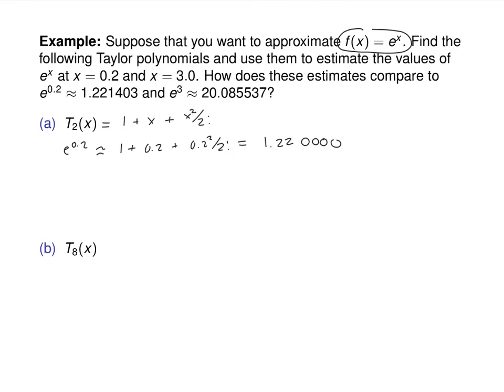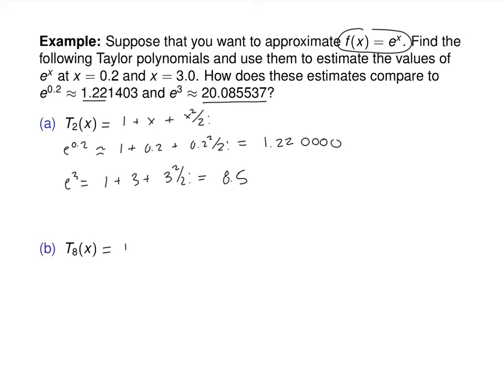And notice how even just with a second degree polynomial, we already have these first 3 digits matching. Whereas when we estimate e to the third using this Taylor polynomial, that's 1 plus 3 plus 3 squared over 2 factorial, which is 8.5. That's pretty far off from the actual value of e to the third, which is 20.0855.